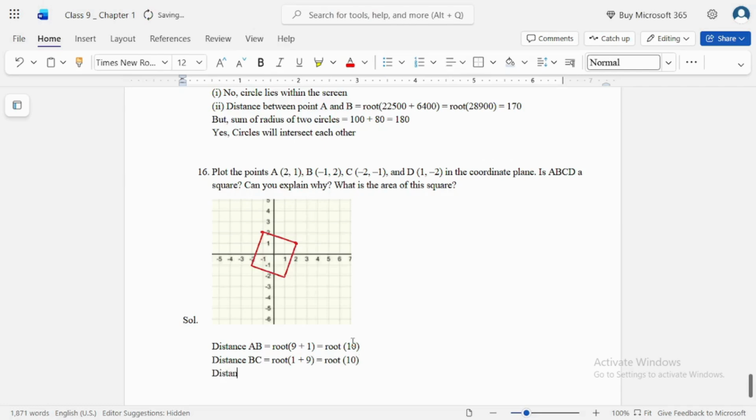Now distance CD. Let's see, CD: 1 plus 2 is 3, square is 9, and minus 2 plus 1 is minus 1, square is 1. So this is also root 10. And the last one is also root 10.